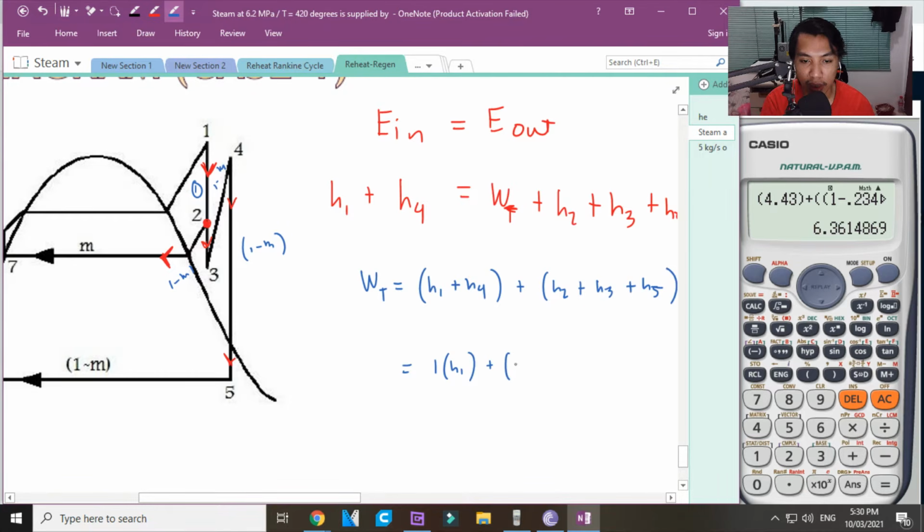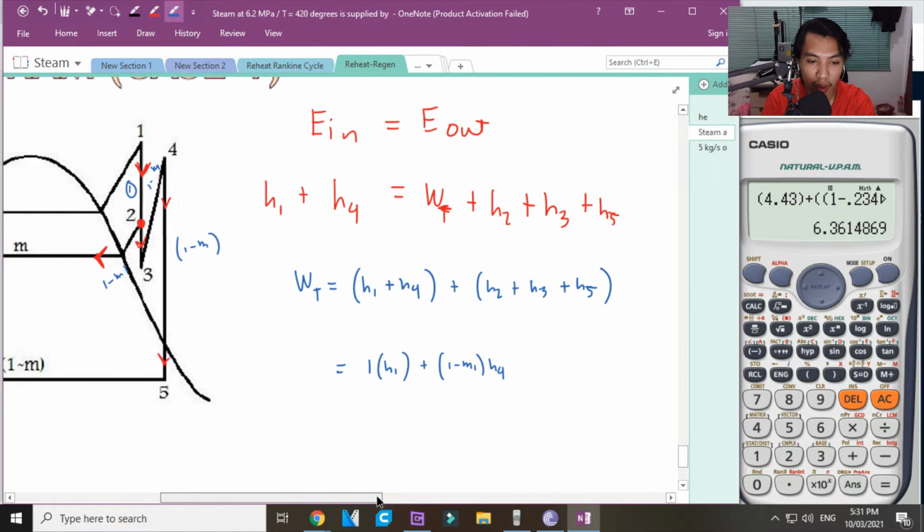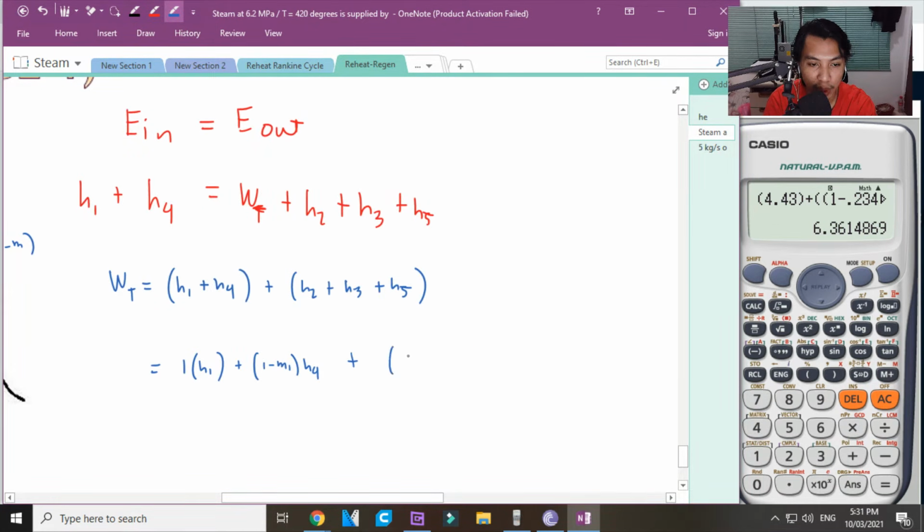H1, dito is 1 minus M1 H4. Minus H2 which is M1 H2. Hindi pala to plus, this is minus. Tapos minus mo sa H3, 1 minus M1 times H3.